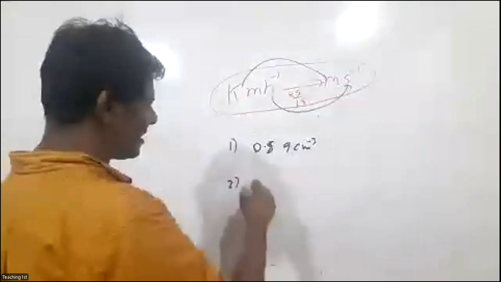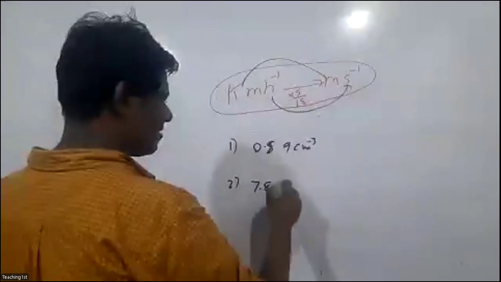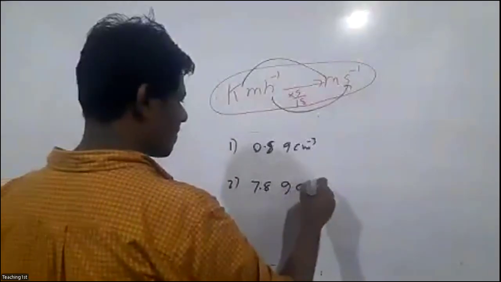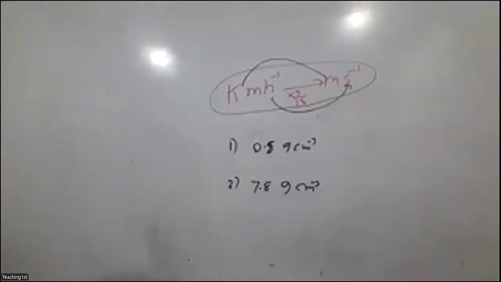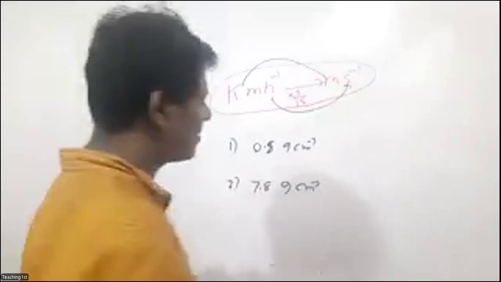Only 2 examples are more than enough. In physics, most of the time we are not using this one. Only in chemistry we have to use. So 2 examples are more than enough.